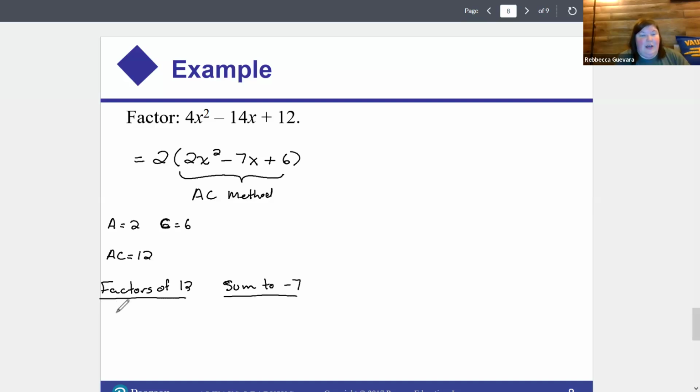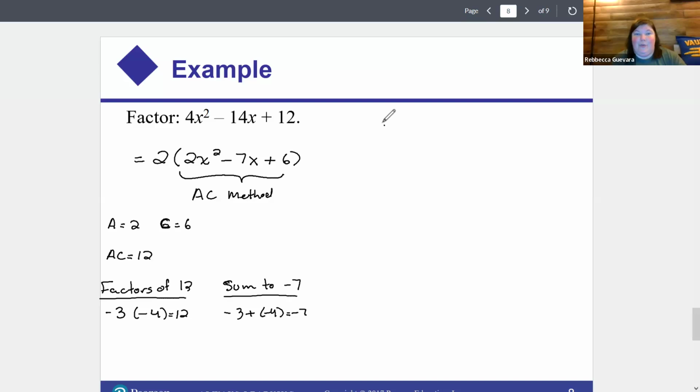If I look for that, what I'd have is negative 3 and negative 4. Remember, it's a positive 12 here, so negative 3 and negative 4 will give me positive 12, and if I add those together, I get negative 7.